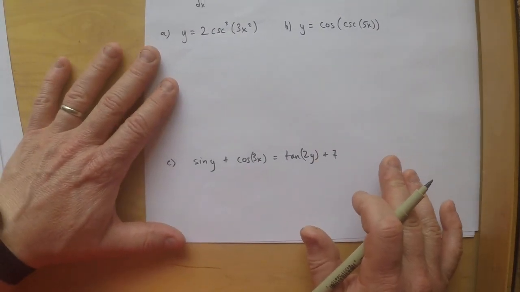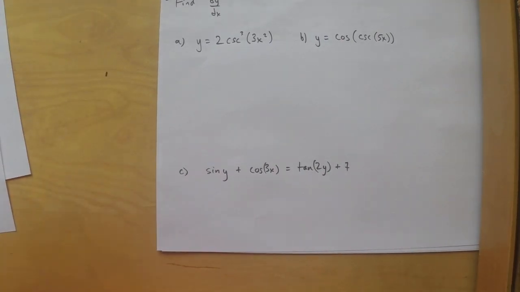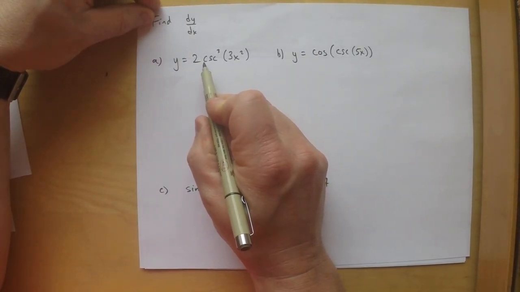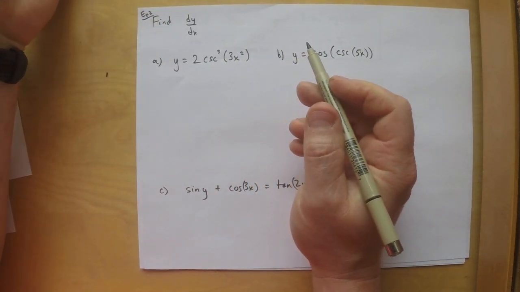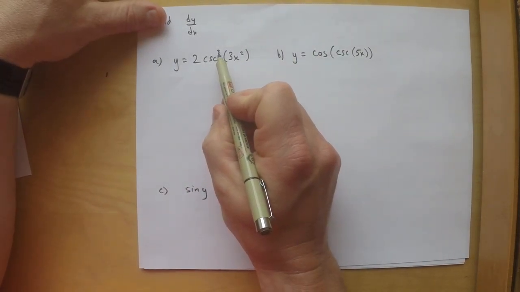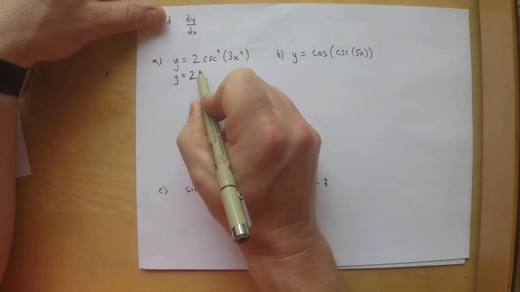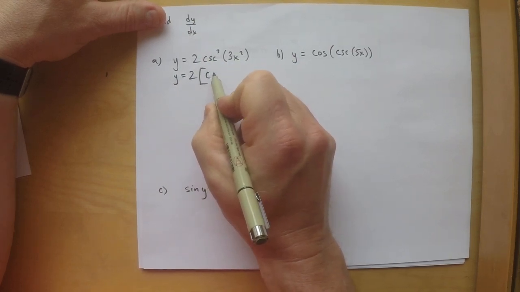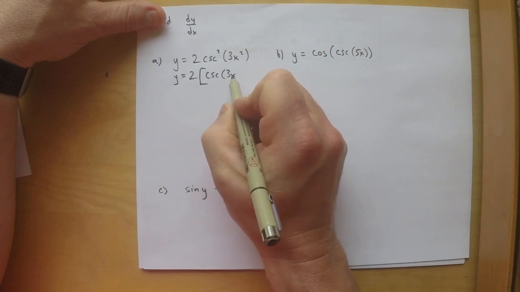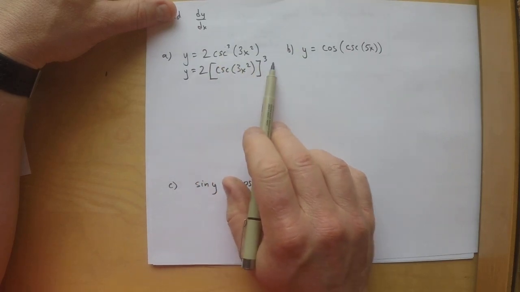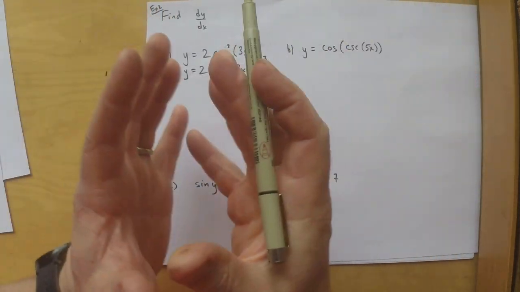More derivatives, good times, because then you just get more layers. So look at this mess. It is a mess. That's an ugly trig function. When I see the cube here, my first thought, I'm not even going to take the derivative. I'm just going to rewrite this personally like this, because then I can see the layers of how this is built.